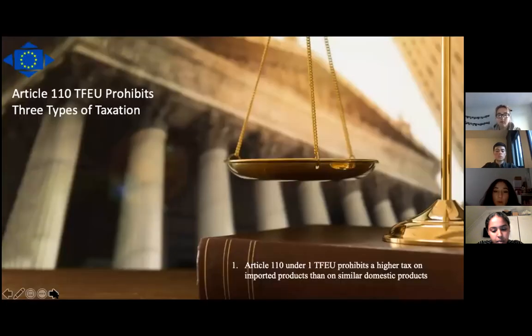Furthermore, Article 110 TFEU prohibits three types of taxation. The first one prohibits a higher tax on imported products than on similar domestic products. To determine whether products are comparable, the Court of Justice uses two criteria and takes a comprehensive approach.